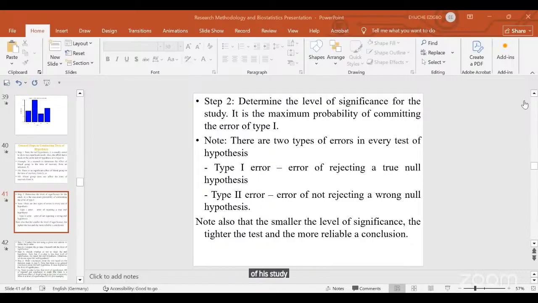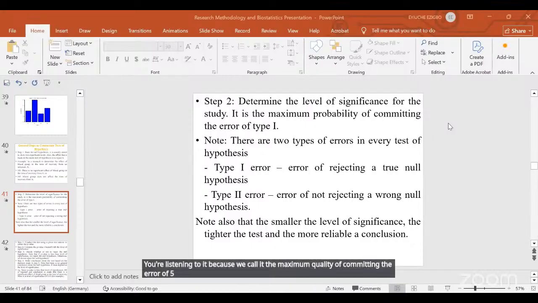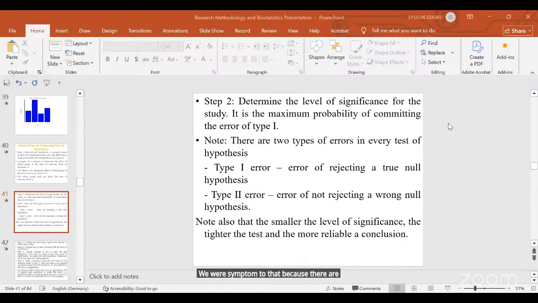For us, we normally define level of significance, and we call it the maximum probability of committing the error of type 1. We will still come to that because there are errors that are inherent in terms of hypothesis. So we want to look at what is the maximum allowable probability of committing the error of type 1.